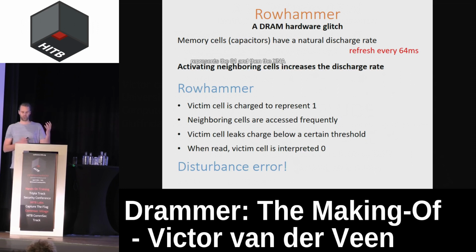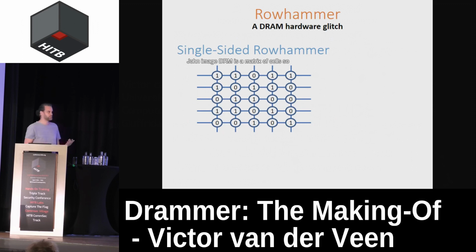So we have a victim cell that represents a 1, and then you access neighboring cells very, very frequently, and then at some point the charge in the victim cell leaks below a certain threshold, and the 1 becomes a 0. So, an image: DRAM is a matrix of cells, so you access one row many, many times, and you see that a neighboring cell's charge is leaking, and the 1 flips into a 0, so you have a bit flip.